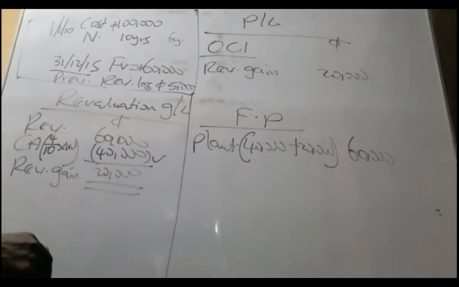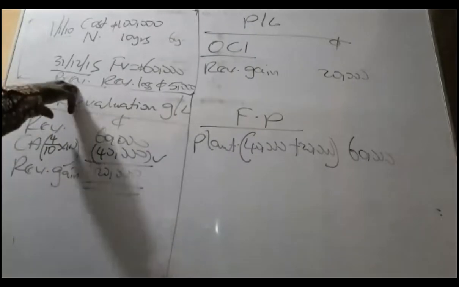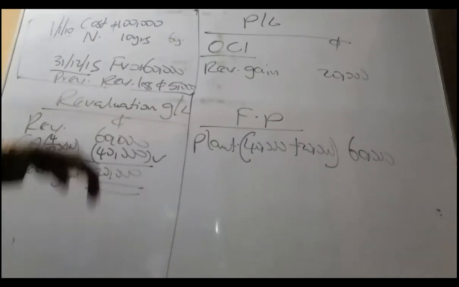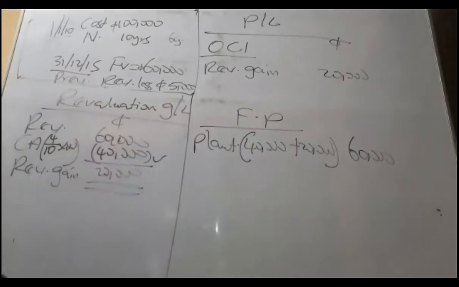So kindly update your question. Previous revaluation loss incurred from this asset is 5,000 cedis. Yeah, the examiner can use dates. They can tell you that even though we did the valuation on 31st December 2015, previous valuations on this asset, the loss is 5,000.